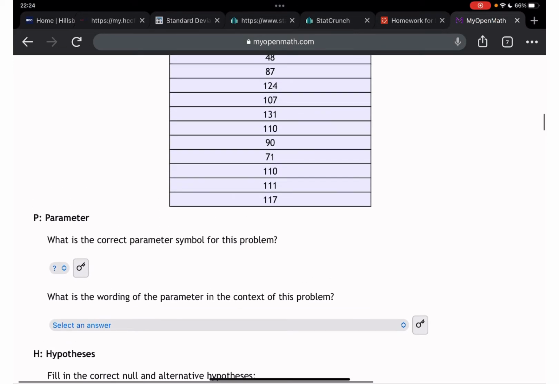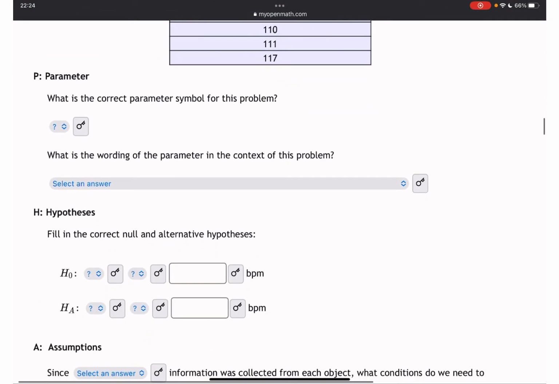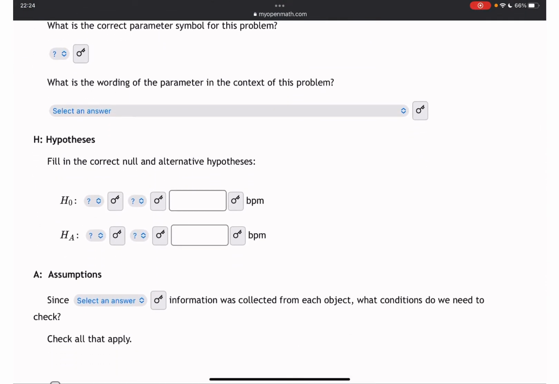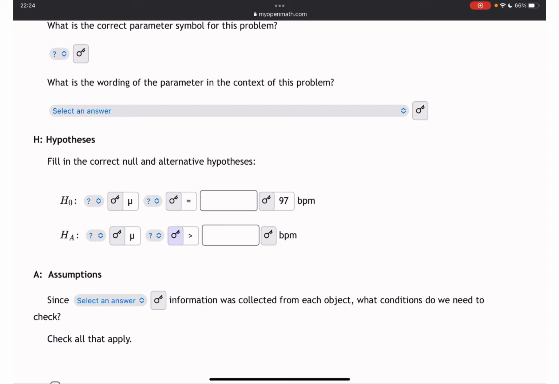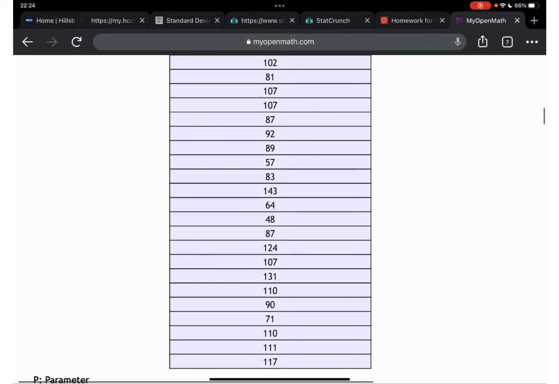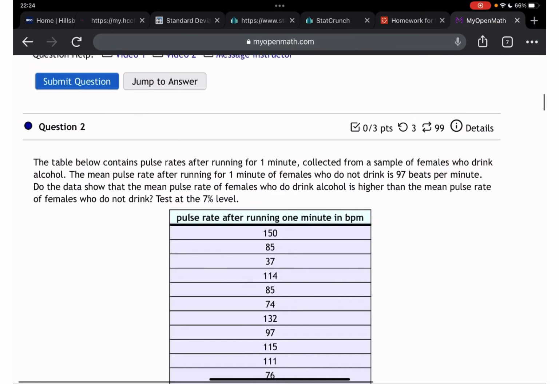Let me open all the answers so you can understand. Here it is. So mu, equal and not equal, obviously. Oh, why is it greater? Let me read here. The mean pulse rate after running for 1 minute of females who do not drink is 97 beats per minute.